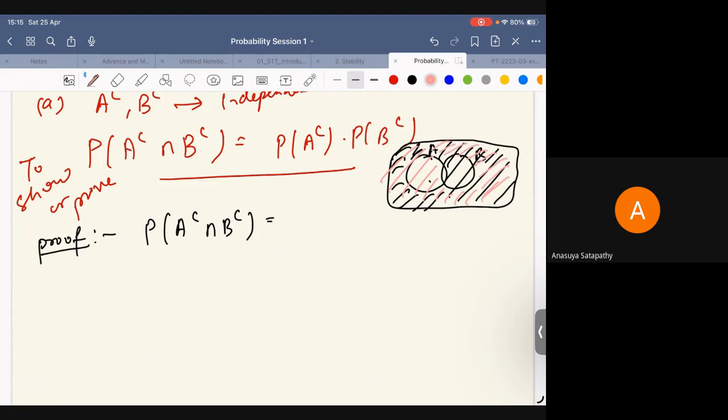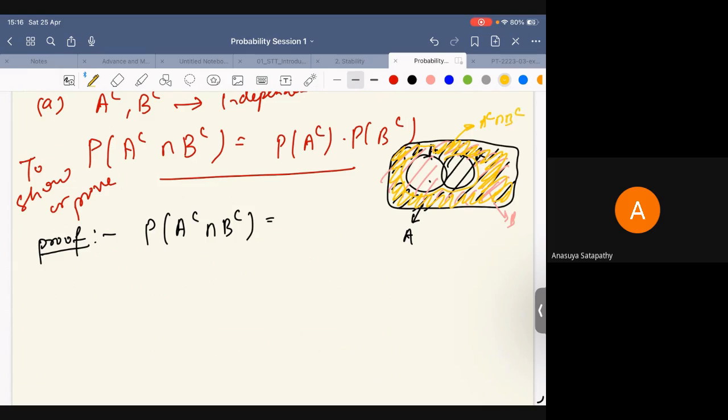Did you understand? The pink is for the B part, this is for the A part. So where are the common parts, both black and pink? These parts, the yellow part. So this is A complement intersection B complement.